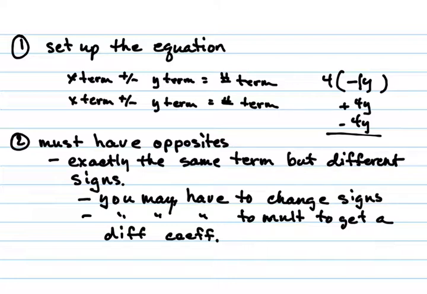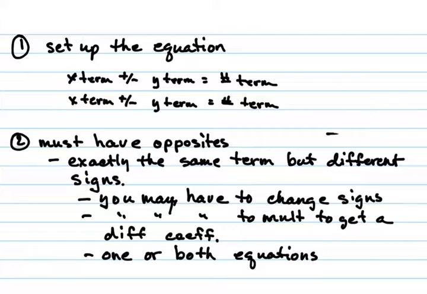And you may have to do this for one or both equations. Occasionally, you'll have to multiply both equations by something in order to get opposites. So say, for example, we had positive 3x and negative 5x. Can I turn a 3 into a 5?